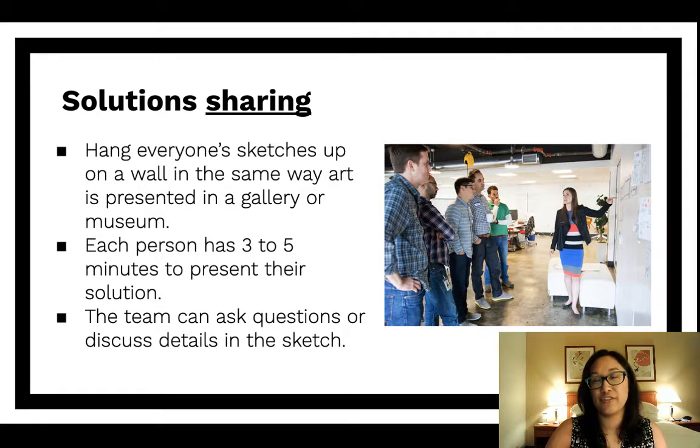So they can first verbally explain it and then actually walk through the individual drawings. It's not as helpful if everyone's sitting down, so this is a good time for everyone to stand up, kind of shake things out a little bit, and then actually look at the individual sheets of paper that are hanging up on the wall, and move through them while one of your team members is explaining their vision.